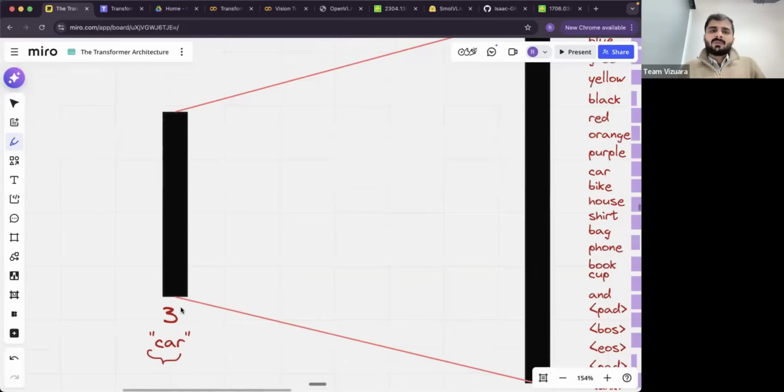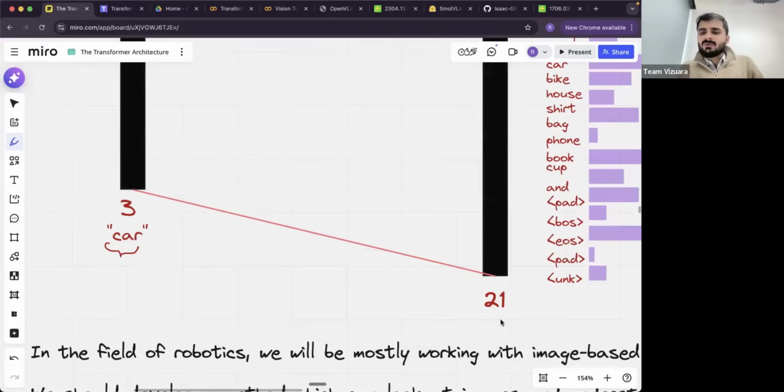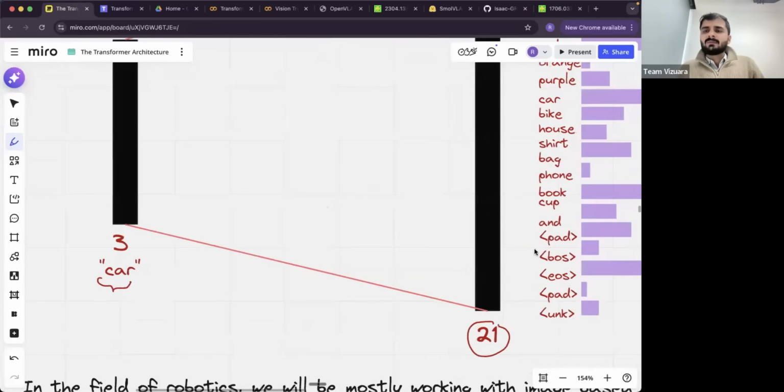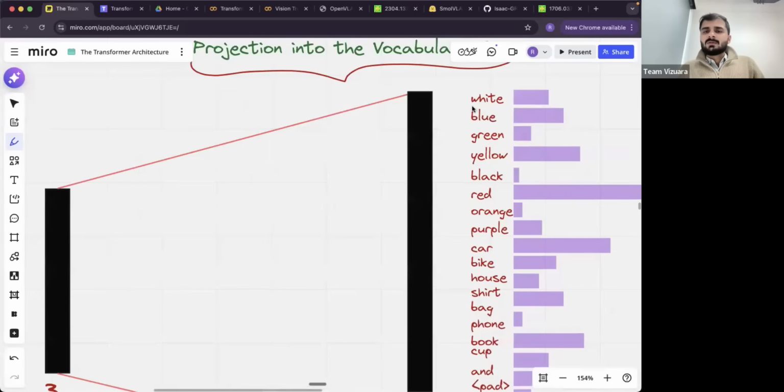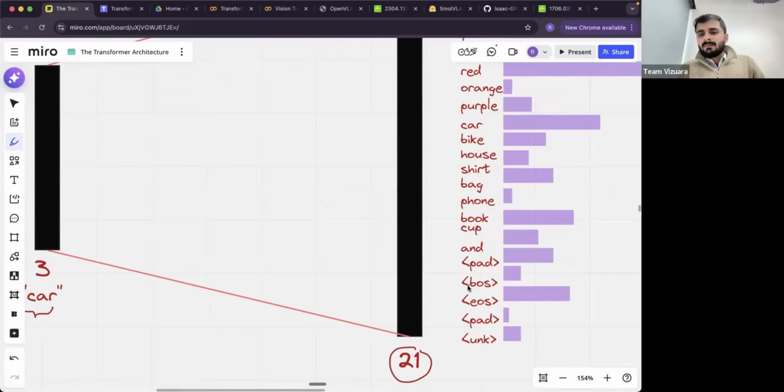We project it from the three-dimensional space up to 21 dimensions, which is our entire vocabulary over here. So this is our vocabulary: white, blue, green, yellow, black, red, orange, then some objects and beginning of sentence, end of sentence, pad, and UNK means unknown character.